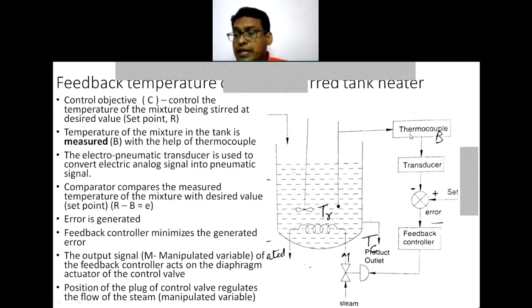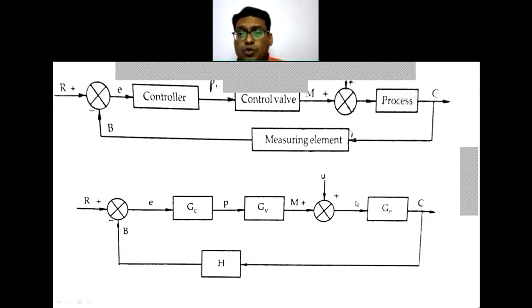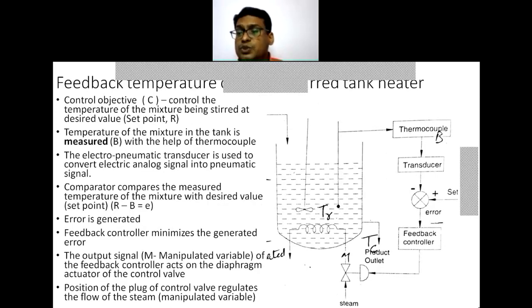So this measured value may be in the form of a mechanical signal or a strain gauge signal, or if it is electrical, depending on that, the transducer will be chosen. The transducer converts whatever signal it receives into an electrical signal. The mercury thermometer doesn't have an electrical signal, so it has to be converted into an electrical signal, either in terms of voltage or current, 0 to 5 volts or 4 to 20 milliamps.